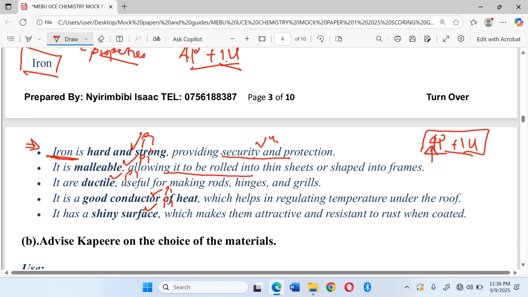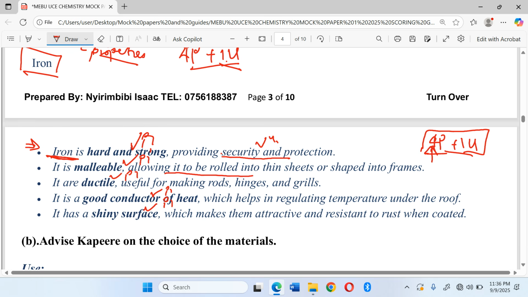Then here they're saying advise Capelli on the choice of the material. So this is where we have been having different issues. Advising Capelli on the choice of material. So you find some people are putting again the properties of the first item, like here.